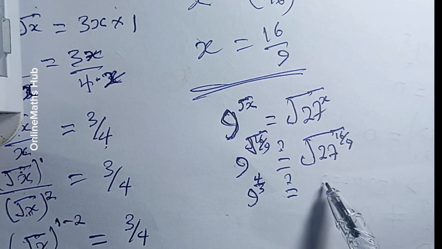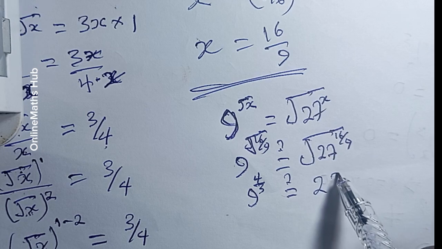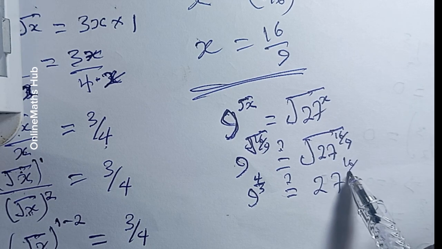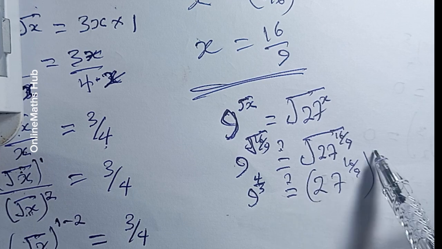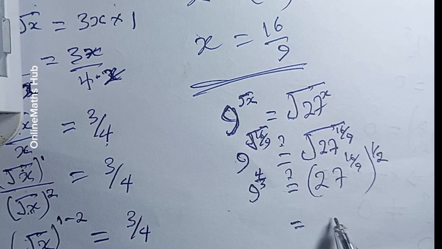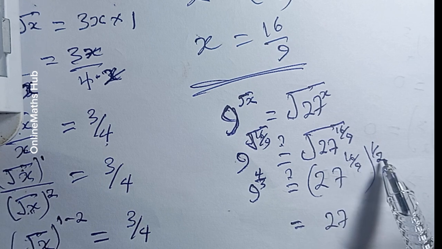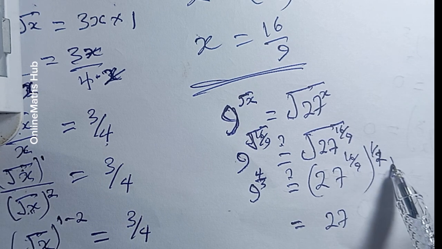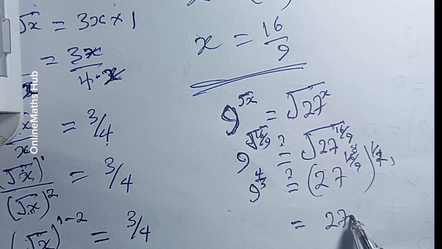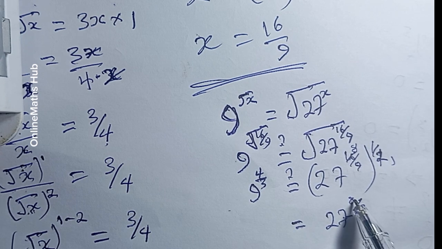So let me just write the whole of these as 27 power 16 divided by 9 all raised to the power 1/2. So that I can push this 1/2 inside, so these two can cancel this to have 8. So what I now have is 8 divided by 9.